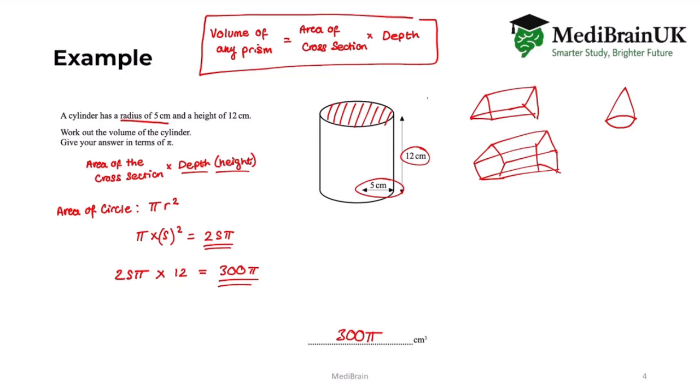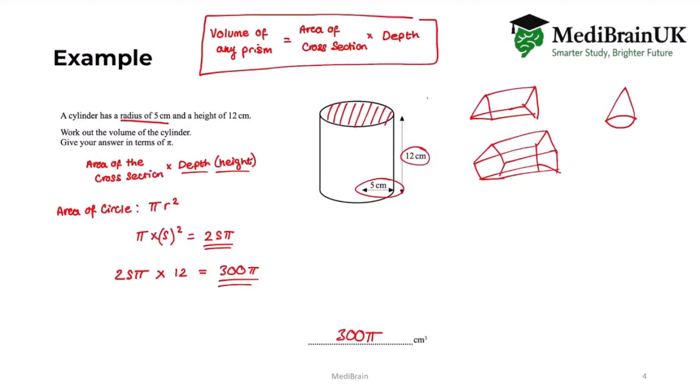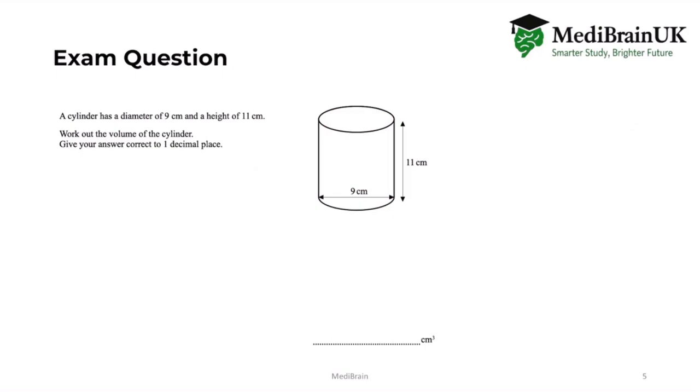When you're working out the volume, you don't need to work out the surface area of the two circles. You only need to work out the area of one circle and then multiply it by the depth.